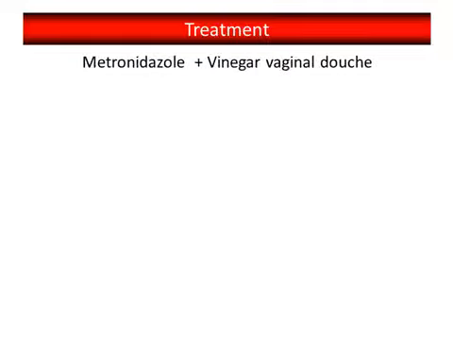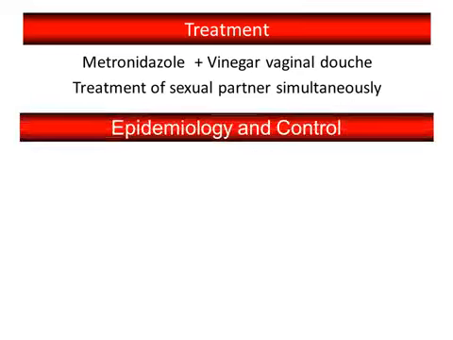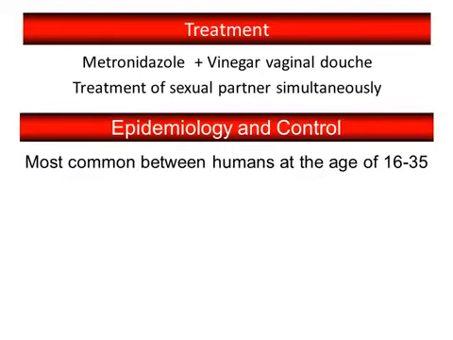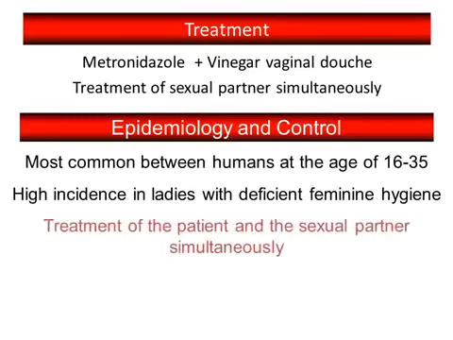Treatment: metronidazole plus vaginal douche, and treatment of the sexual partner. Epidemiology and control: most common in humans at the age of 16 to 35, with high incidence in ladies with deficient feminine hygiene.